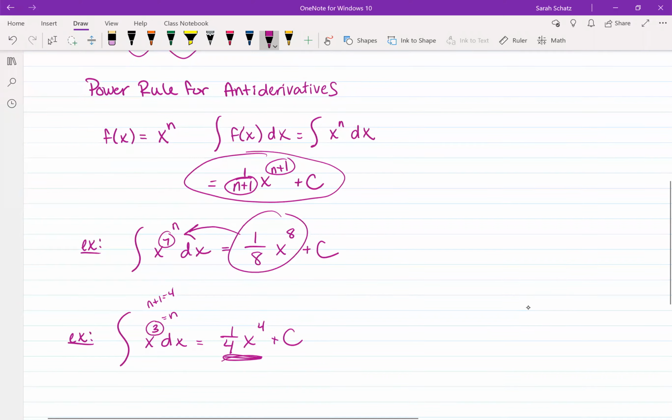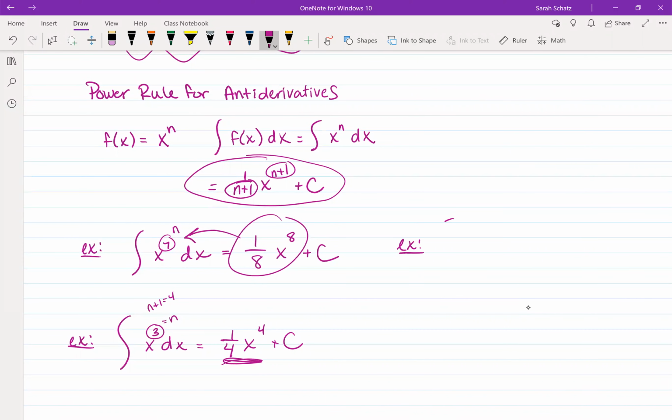What about this one? I want to take the antiderivative of x to the negative 4 with respect to x, of course. Well, you guys, even though it's a negative exponent, our power rule still holds, just like it did with derivatives. Your n is negative 4.